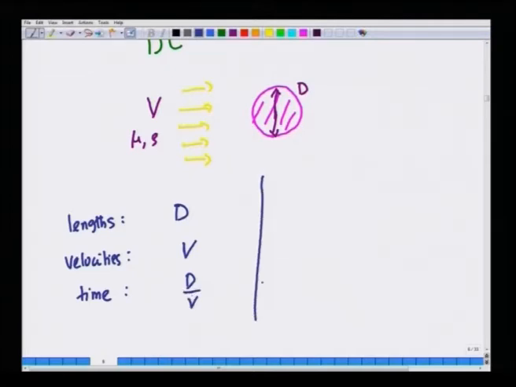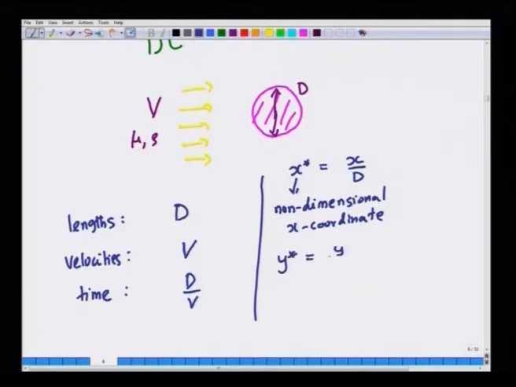So, we are going to define x star is the non-dimensional x variable, the x coordinate. Similarly, y star is y divided by d, z star is z divided by d.